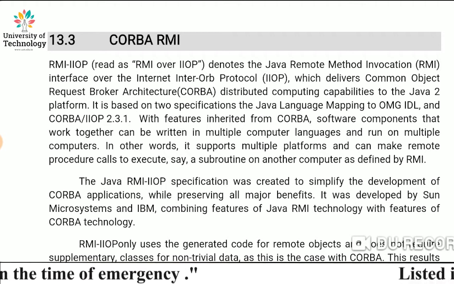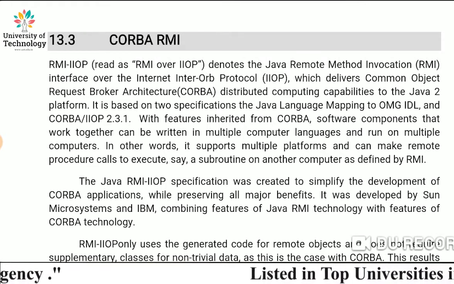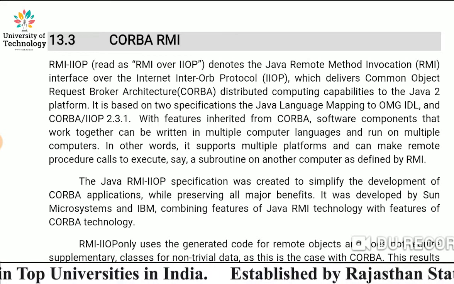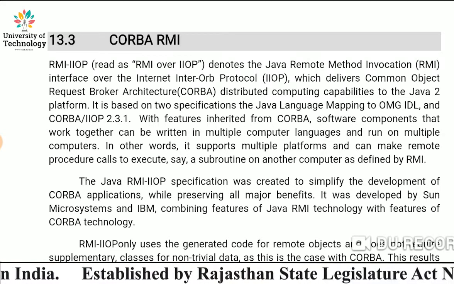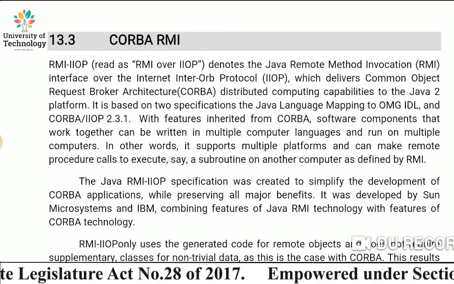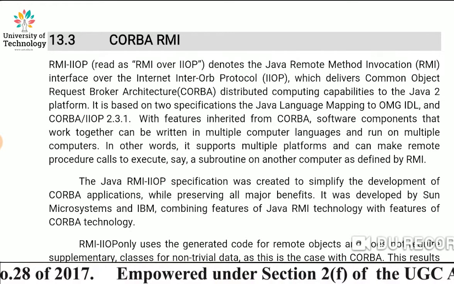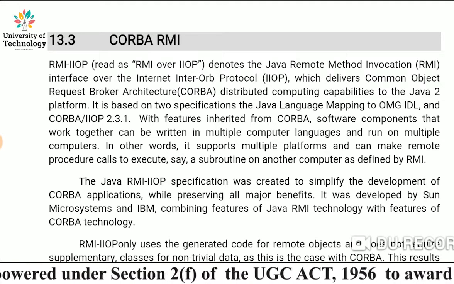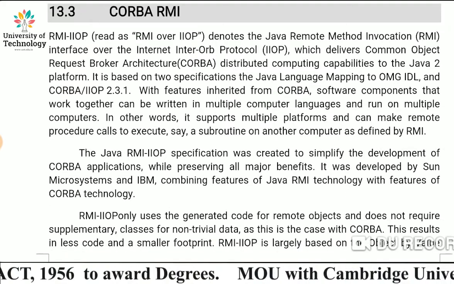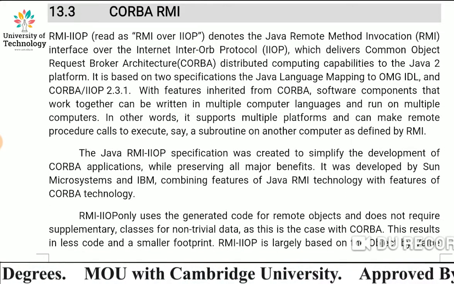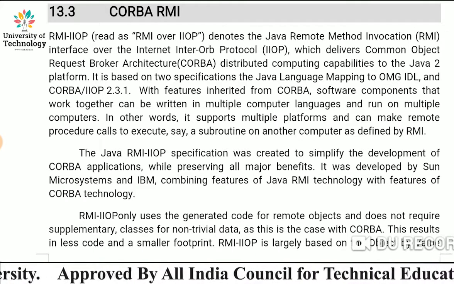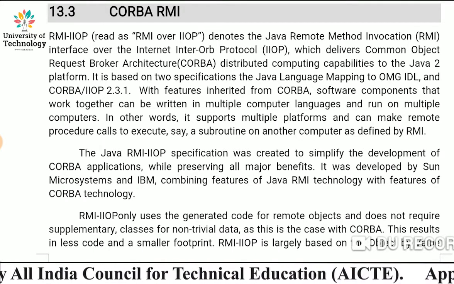It is based on two specifications: the Java language mapping to OMG IDL and Corba IIOP 2.3.1. With features inherited from Corba, software components that work together can be written in multiple computer languages and run on multiple computers. In other words, it supports multiple platforms that can make remote procedure calls to execute, say, a subroutine on another computer as defined by RMI.